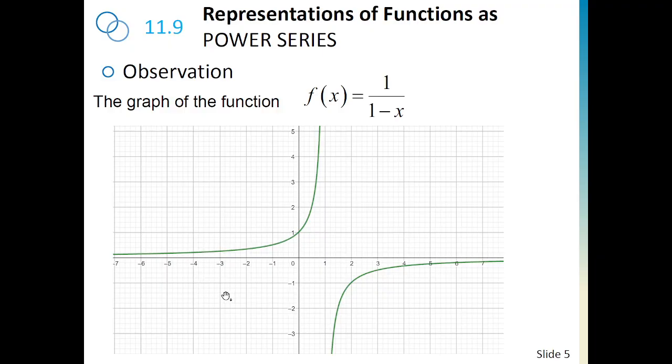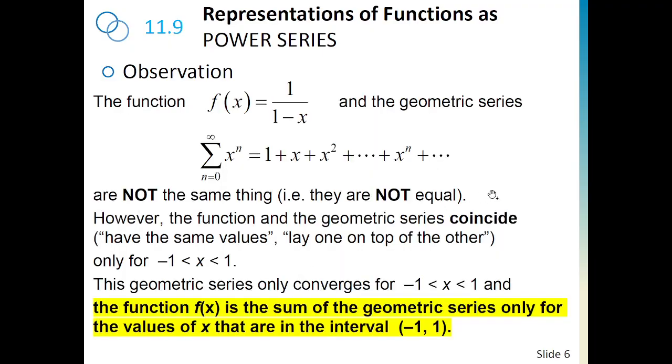The function and the series are equal only for certain values of x. They coincide in that short space. The series is one thing, the function is another thing, but they are superposed, or they overlap, they coincide for certain values of x on a small interval.